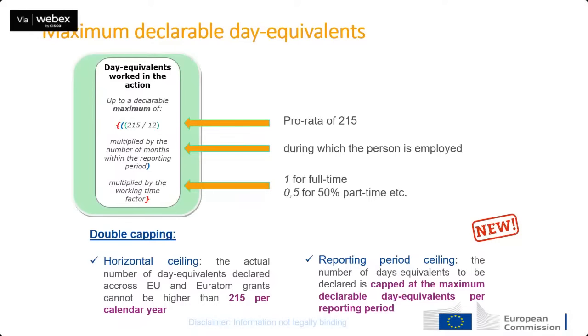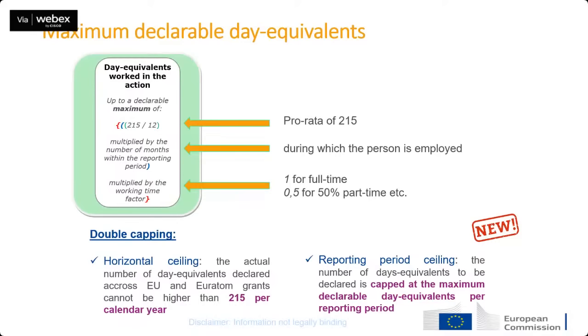How do you calculate your maximum declarable days? Well, you have the formula here. It's a pro rata of 215. You divide it, and you multiply by the number of months within the reporting period in which the person is employed.